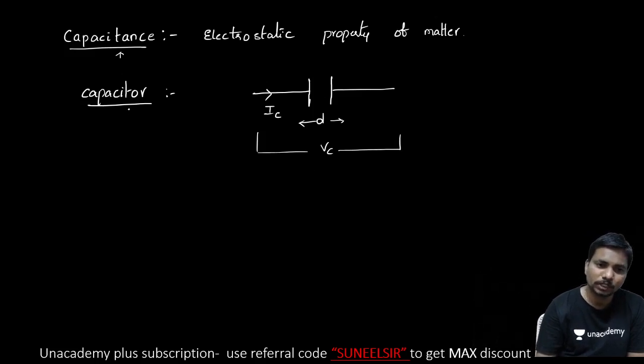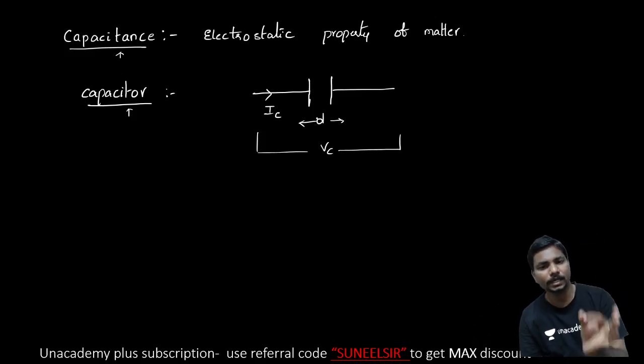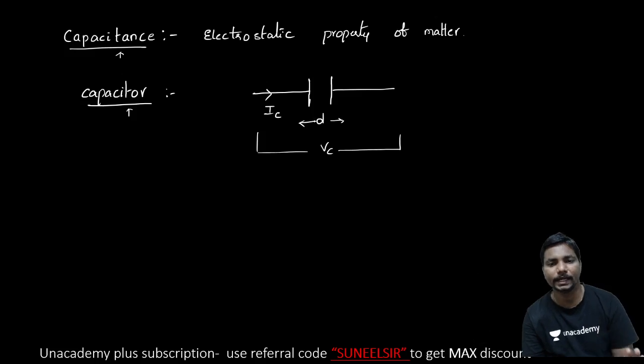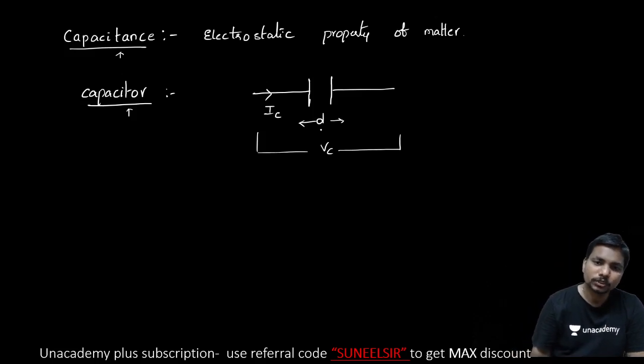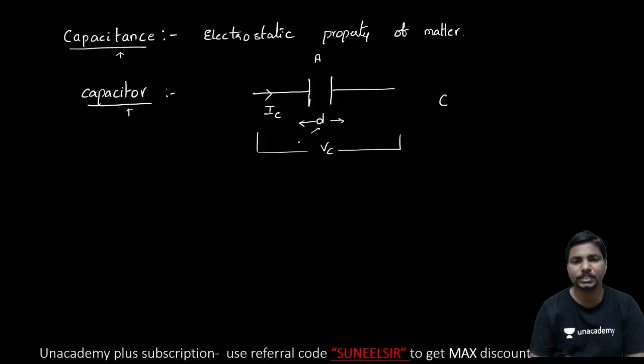Once again friends, how will the capacitor be formed? If you displace two charged plates with a distance d by air or any dielectric, then capacitance will be formed. This capacitance is directly proportional to the area of the plates and inversely proportional to the distance of separation.